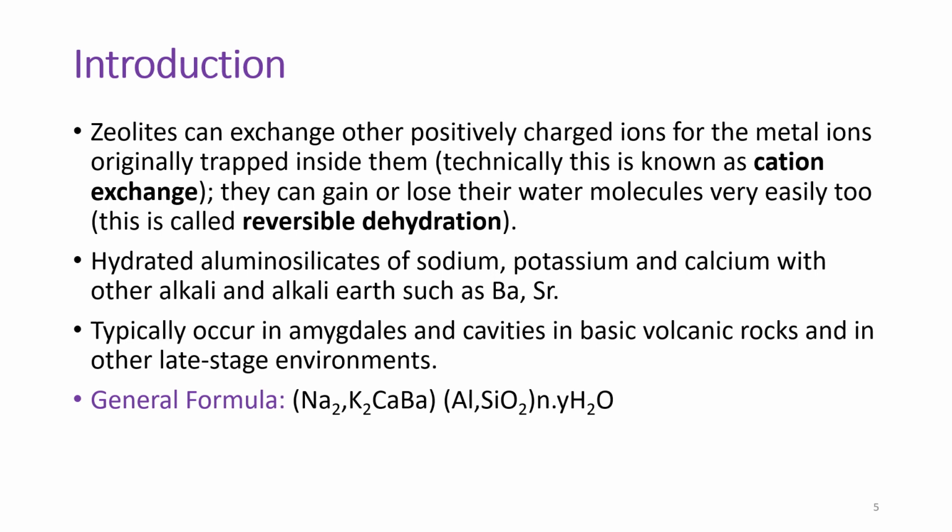Hydrated aluminosilicates of sodium, potassium, and calcium with other alkali and alkaline earths such as barium and strontium are also present, and typically occur in amygdales and cavities in basic volcanic rocks, and also in other late stage pegmatitic environments. The general formula of the zeolites is Na2, K2, Ca, Ba, that is calcium and barium, along with aluminium, silicon oxide, and a number of molecules of water.